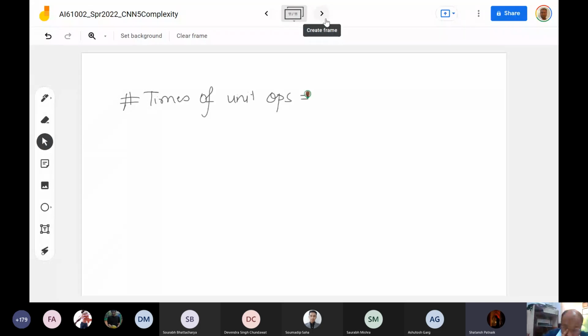That is what I will be doing. So the size of my output is going to be (M minus W plus 2PW) divided by SW, plus 1, times (N minus H).